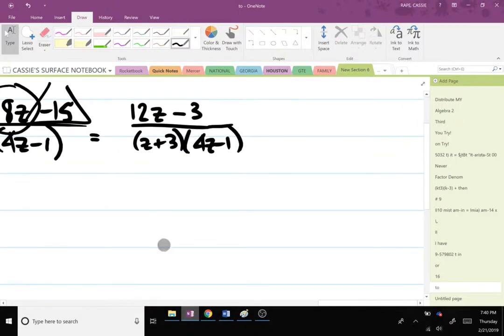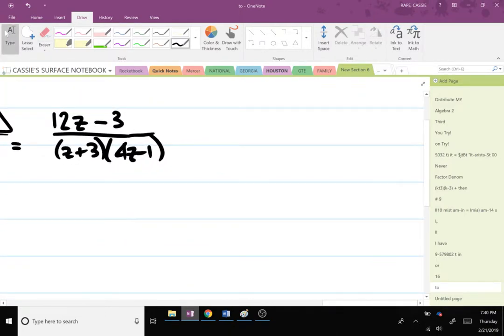And if you take a look at that, I'm looking to see if anything will cancel, but it appears currently it's not going to until I factor the numerator. So you never factor the numerator until the very end, and you leave the denominator factored until after you've done that. So I can see that on this very last thing, if I pulled a 3 out of the numerator, out of both terms, I would end up with a 4z minus 1.